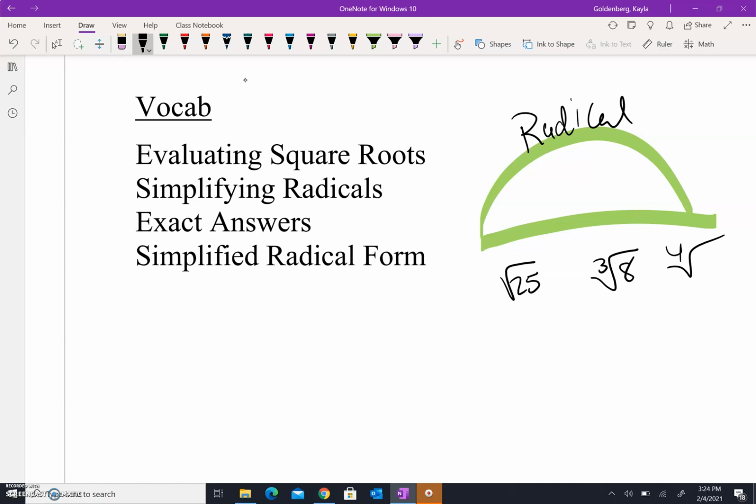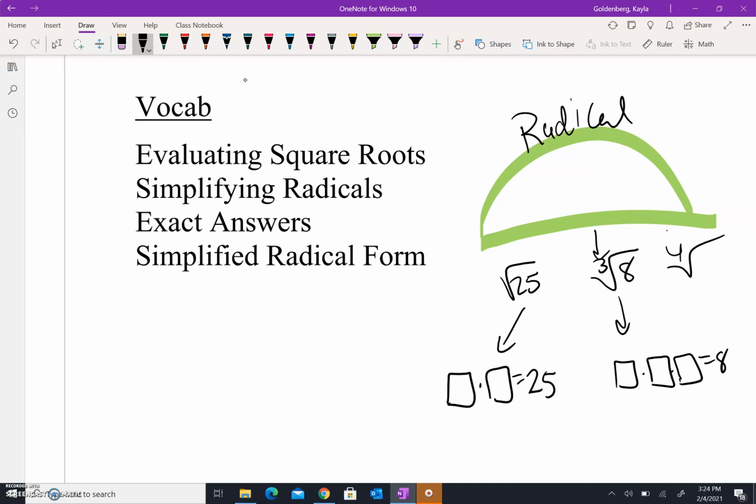Remember the idea of a square root is just saying what number times itself equals 25, right? Whereas a cube root would be what number times itself 3 times is equal to 8. So the index number of 3 or 4 tells you how many times you would have to take that particular number times itself to get to whatever's underneath the radical.